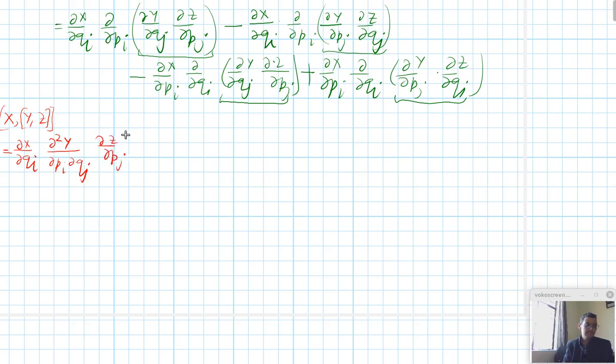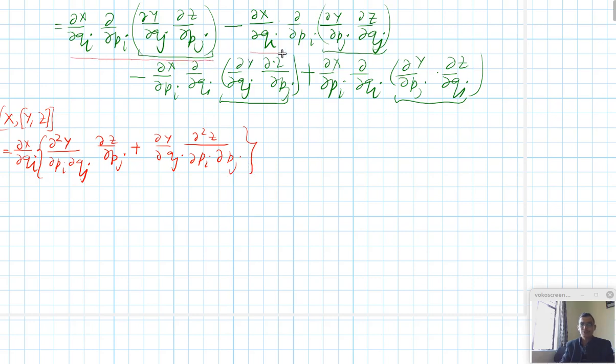This is the one term. Then plus ∂Y/∂qj, ∂²Z/∂pi∂pj, right? So this is how we have simplified this term.